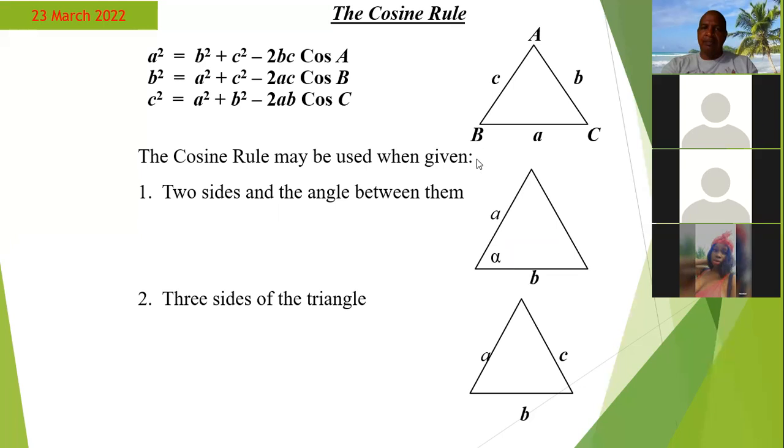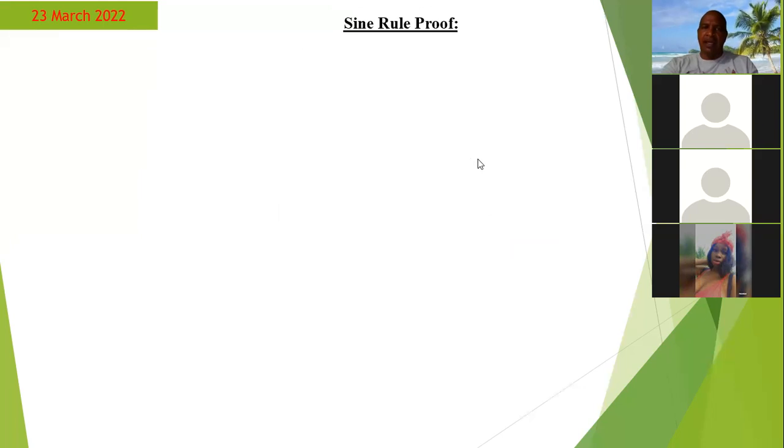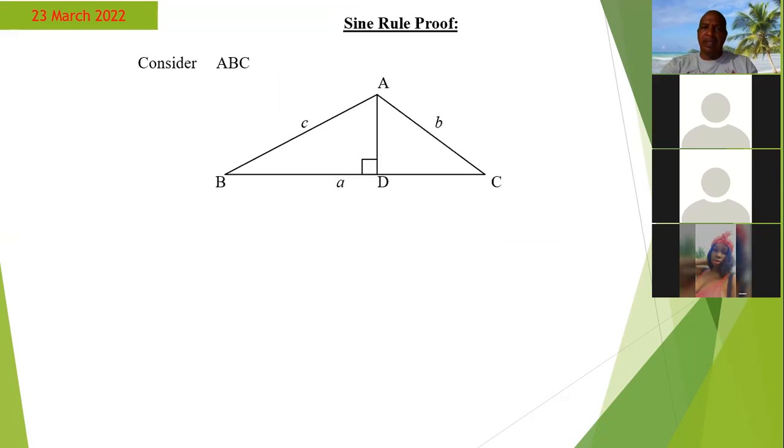All right, so let us move along, and we're going to look at a little proof for the sine rule, because we saw the rule. What the rule states is that you start off with the sides. So if you have the side A over the sine of the angle A, it is also equal to the side B over the sine of the angle B, and the side C over the sine of the angle C. So we want to see why this rule can be used, or prove that the rule really works.